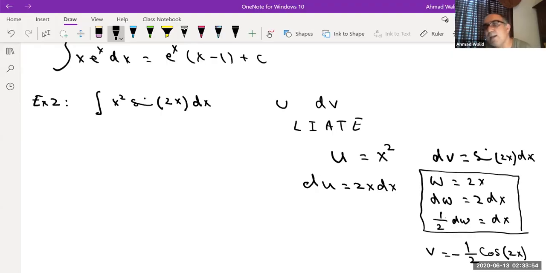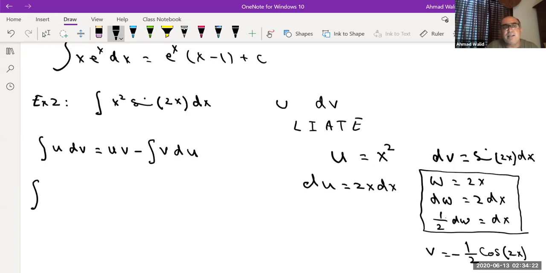Because you did it in Calc 1. But here for this problem, I just show why your v is negative 1/2 cosine 2x. Now, let's apply our rule here. Again, your formula, integral u dv equals u times v minus integral v du.